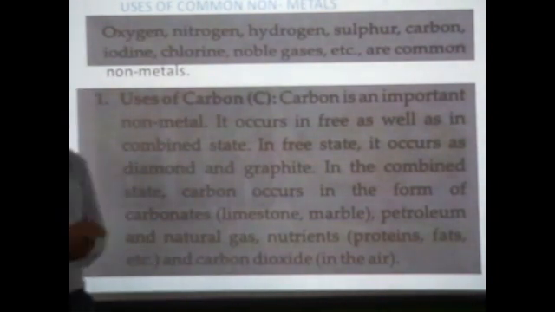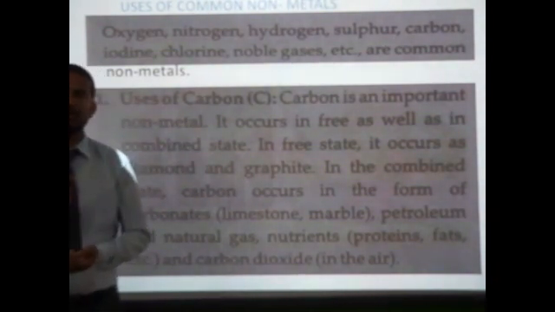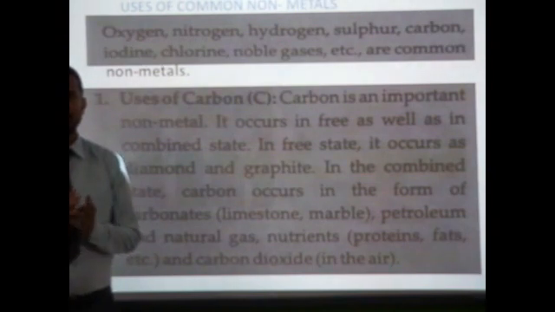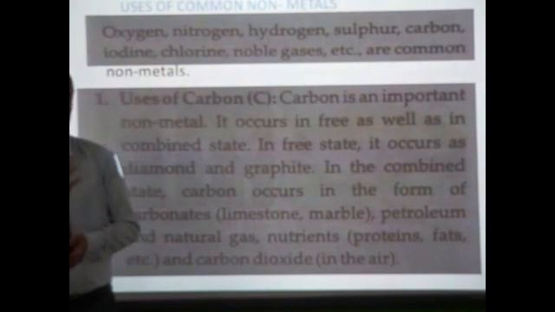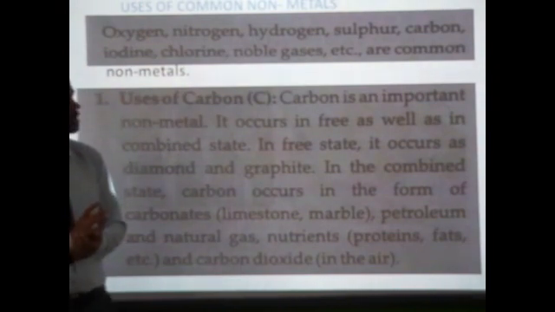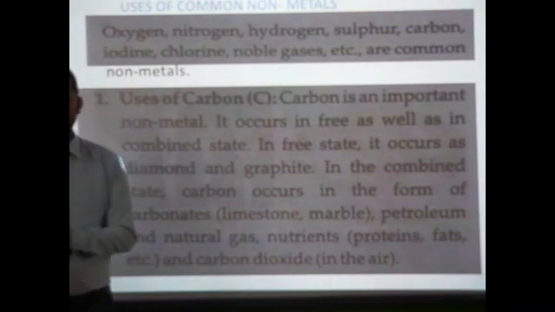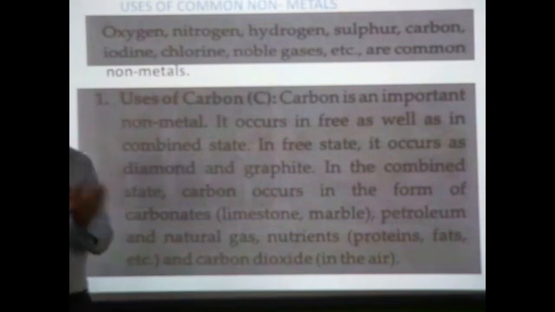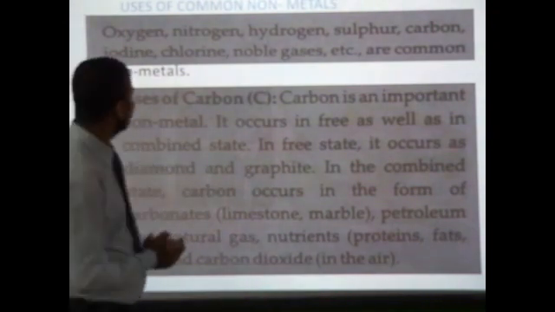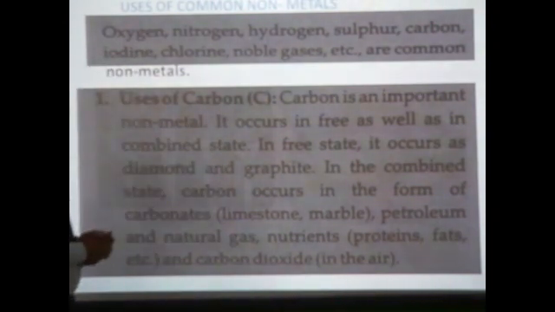But these noble gases also have some non-metallic character. That's why they are grouped under non-metal. But nowadays we consider noble gases as a separate group.